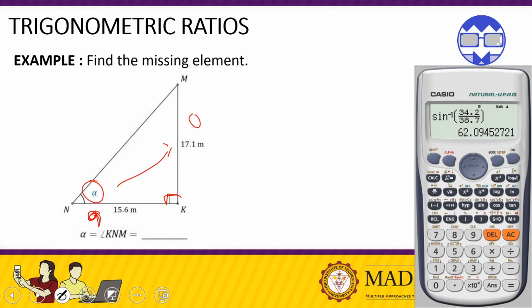So obviously we're going to use tangent here. So we have tangent alpha equals, TOA, opposite, so 17.1 over 15.6. Then again, to find the angle alpha, we're going to use arctan.